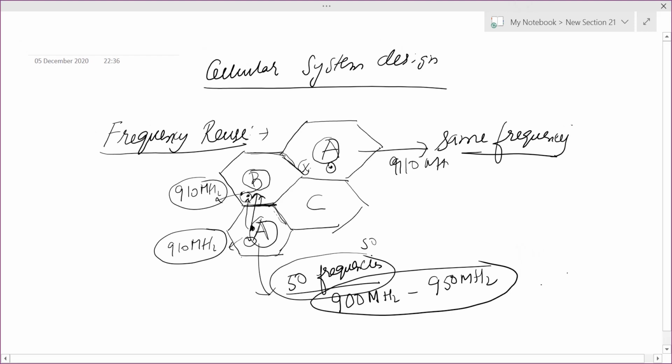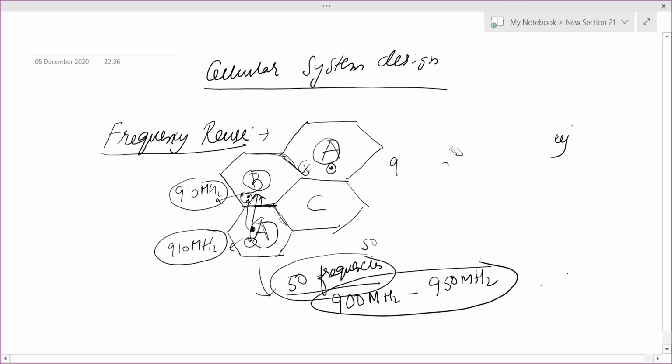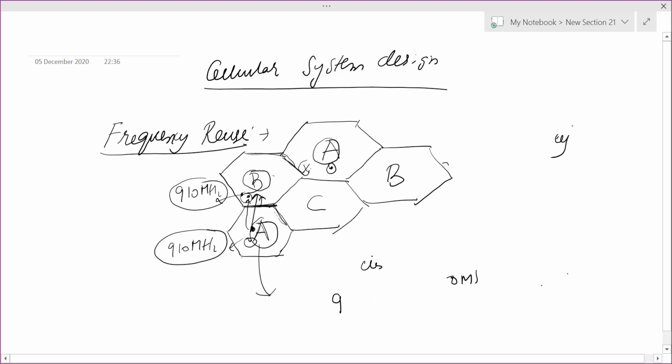Similarly, I can now designate this as B, because again this is farther away, right? And I can call this C, and this one I can call B, and this one I can call A. So in this way we are reusing the frequency.